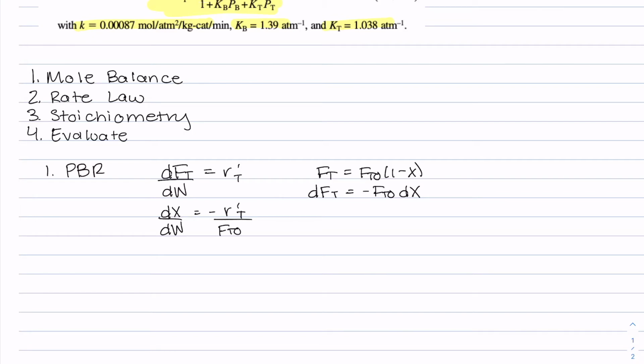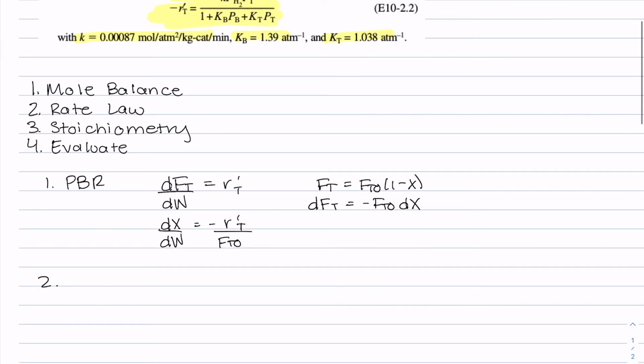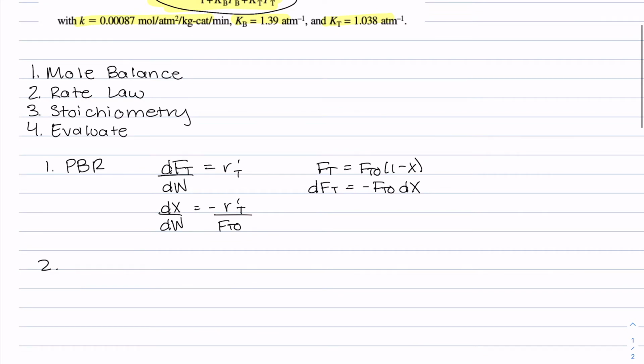Next, we want to find the rate law, which is given to us right here, so I'm not going to rewrite that. And then step 3 is going to be the stoichiometry.